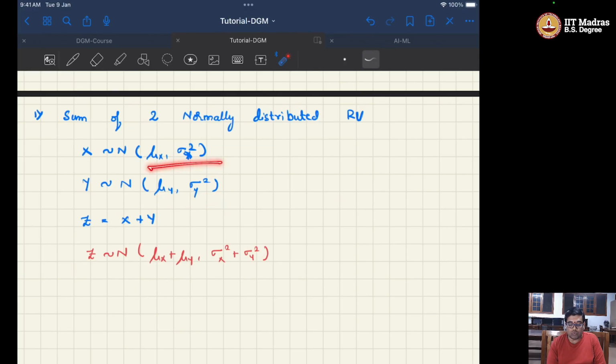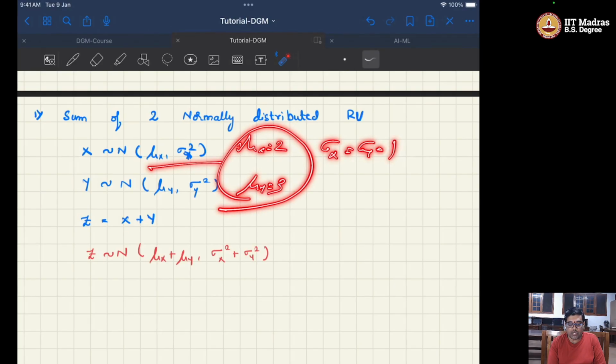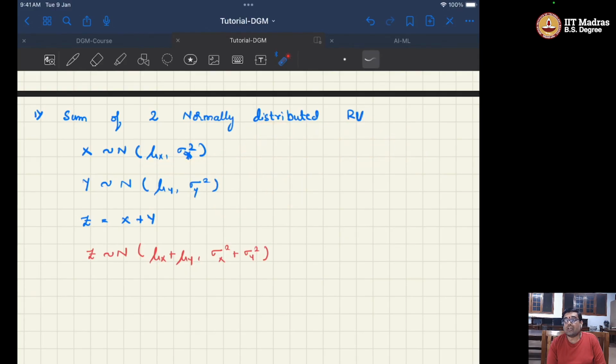For example, let's say mu x is 2, and mu y is 3, and sigma x and sigma y we keep as 1. Plot the histogram and see how it looks. Intuitively also you can understand that this result makes sense. Programmatically we can do that, which is also a nice idea. But we need to look into the mathematical proofs.